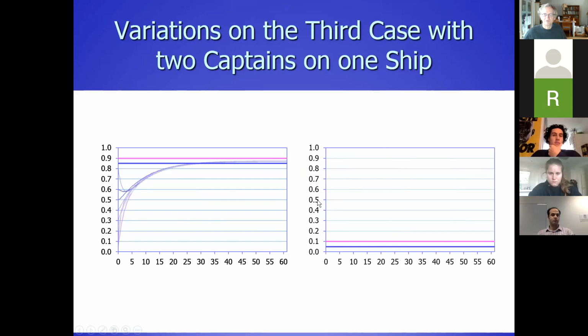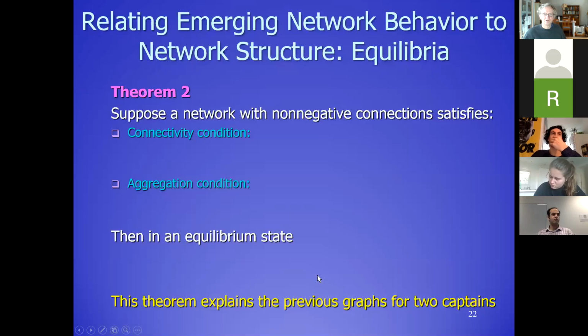And also here, if you have low values for the two captains, so these are two captains that are not equal, still the direction where they are is chosen by everybody. So that's another theorem that can explain this. And this is the, say, the multi-captain theorem.